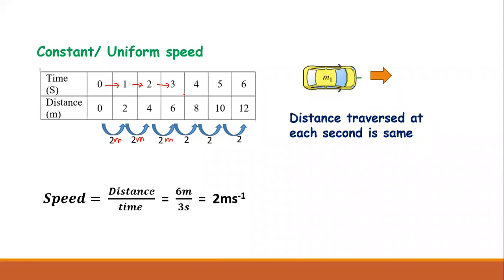In this way, in each and every second, this object is moving 2 meters. So we can see that this is constant. It is not changing. The distance traveled in a unit time is not changing. So here we can tell that the distance traveled at each second is the same. So that is the constant or uniform speed.